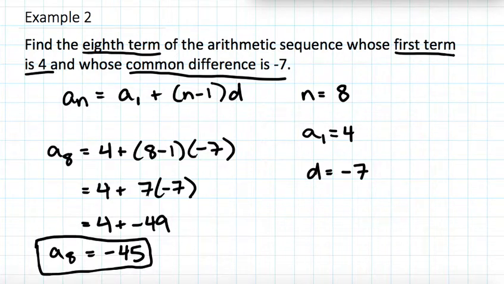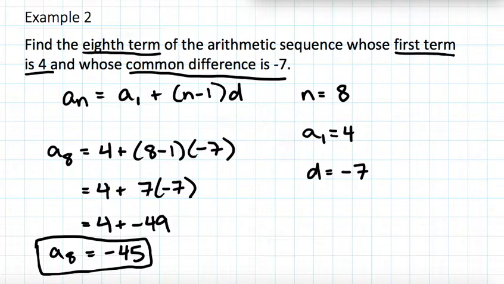Now, what this formula does is it gives us a way to find any term that we want without having to know the previous term. So back in example 1, if we knew the first term and the common difference, we could go through every single term until we got the term that we wanted. I could have used just the first term and the common difference and gone all the way up to 8.